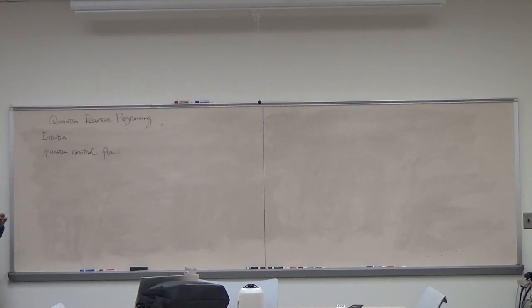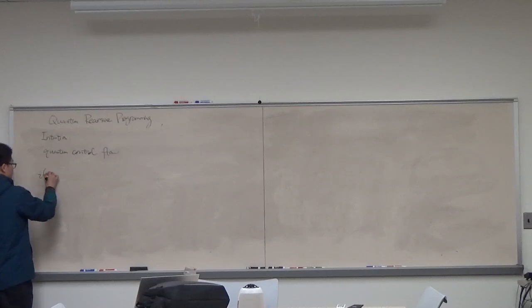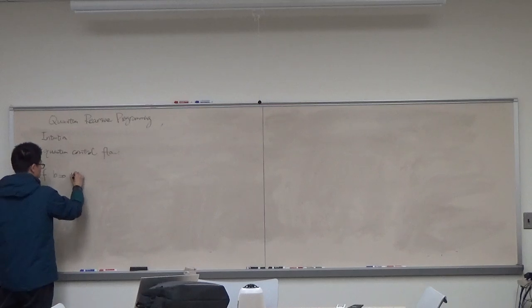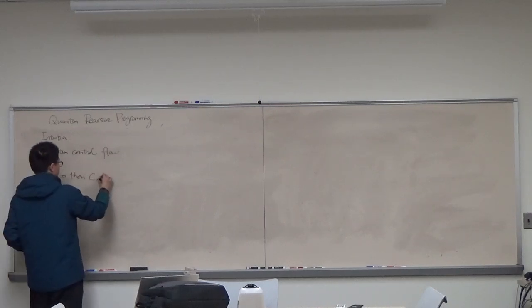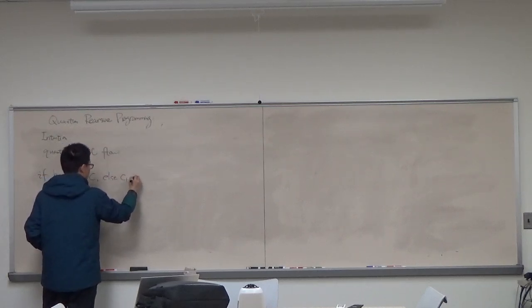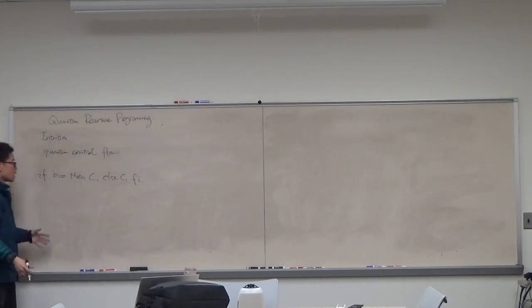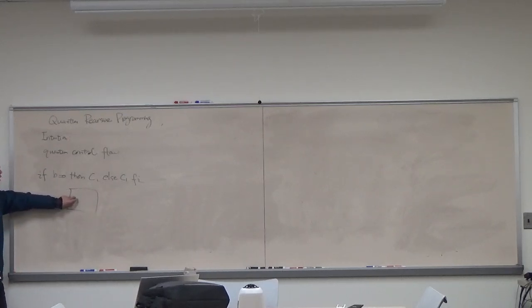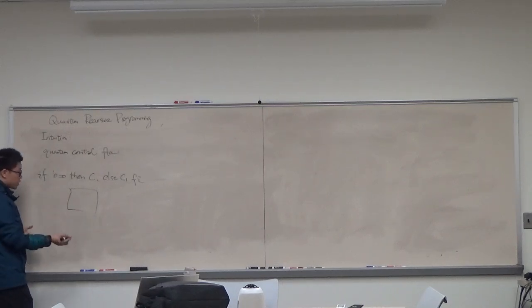Remember, in classical control flows, we might have a statement like this: an if-then-else statement. If some b equals 0, then we do something, c0, c1. Otherwise, we do some other things. And this is your program. You have very complicated control flows inside this program, like this if-then-else statement, or iterations, or loops, or recursions.